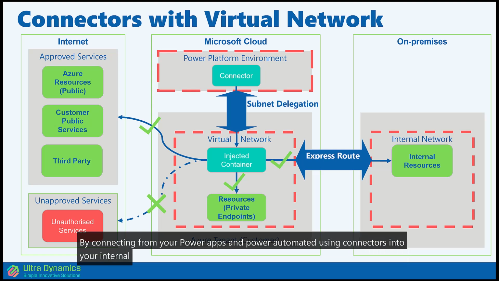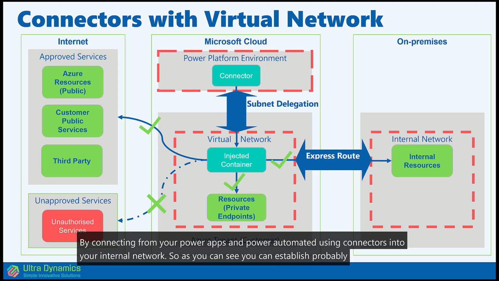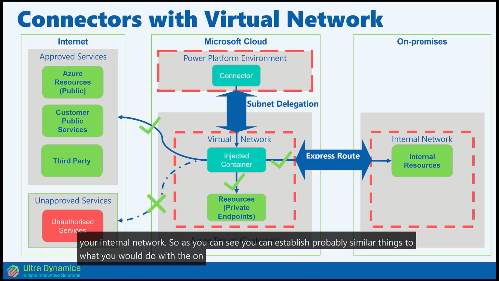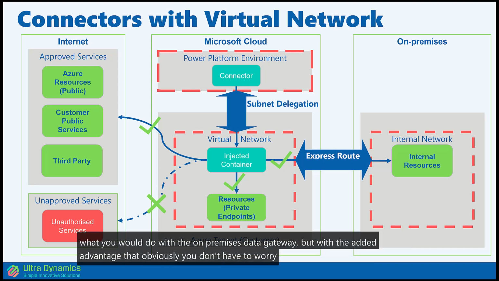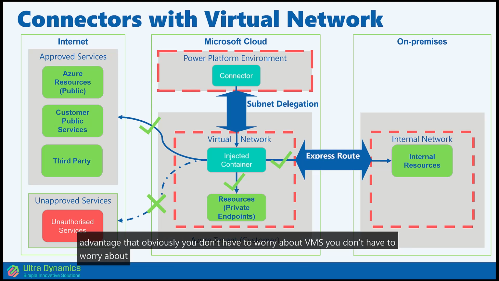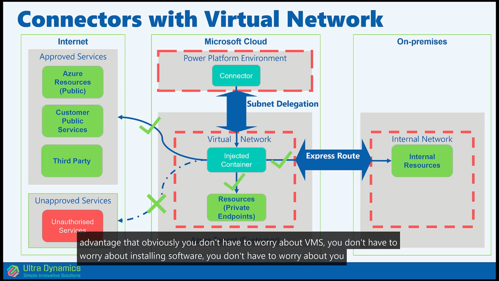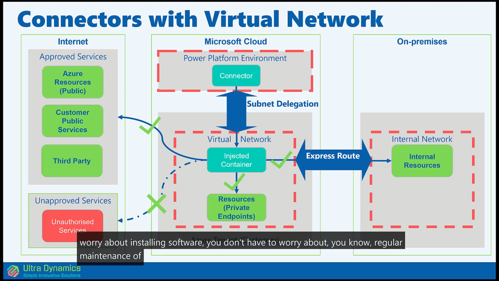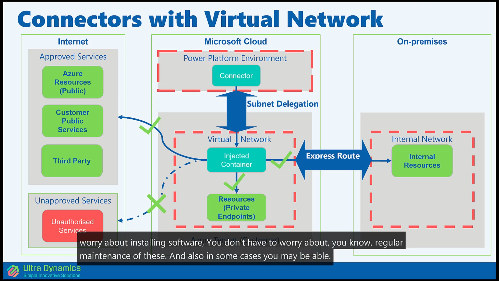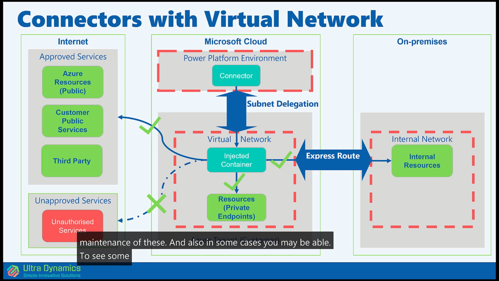So as you can see, you can establish similar things to what you would do with the on-premises data gateway, but with the added advantage that you don't have to worry about VMs, you don't have to worry about installing software, you don't have to worry about regular maintenance of these. And also in some cases you may be able to see some performance improvements as well.